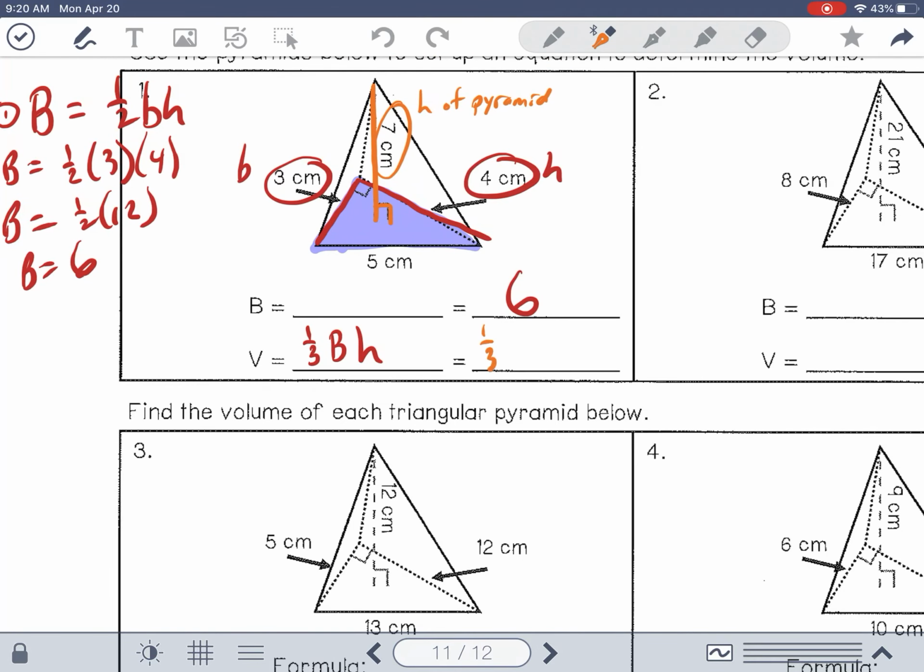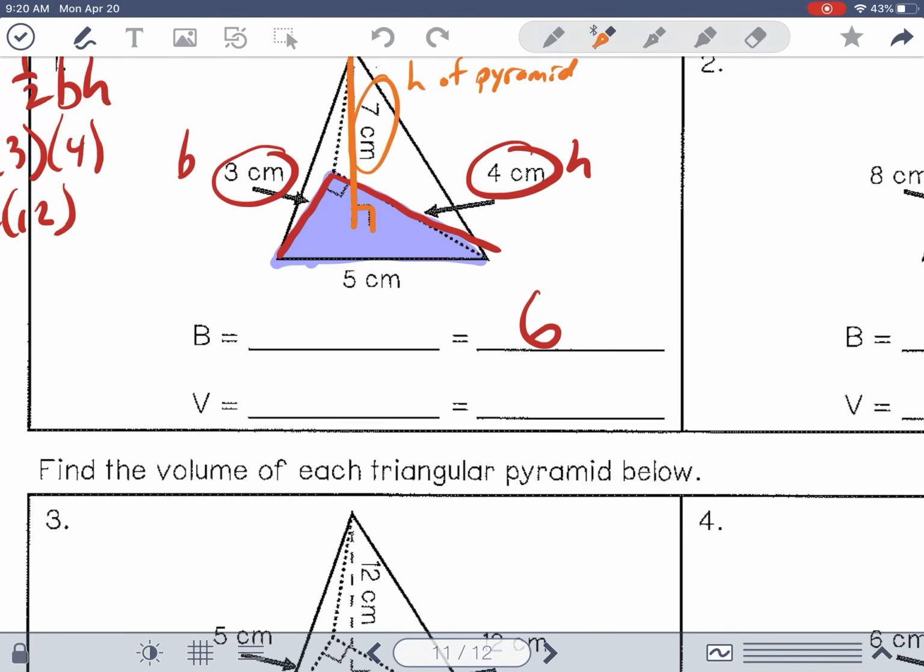Okay, so then we've got big B, so we've got 1/3. Actually, let's do it this way. Make it a little smaller so we can see it. So that's 1/3 big B times H, which is 1/3 of 6 times 7.